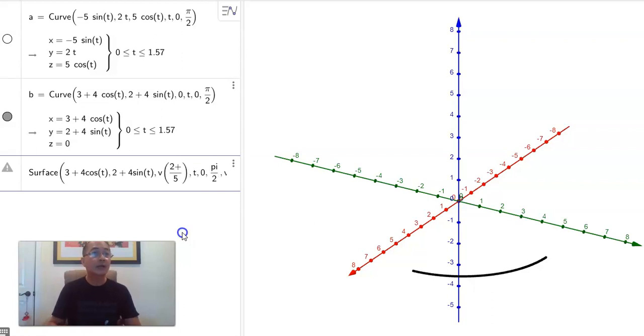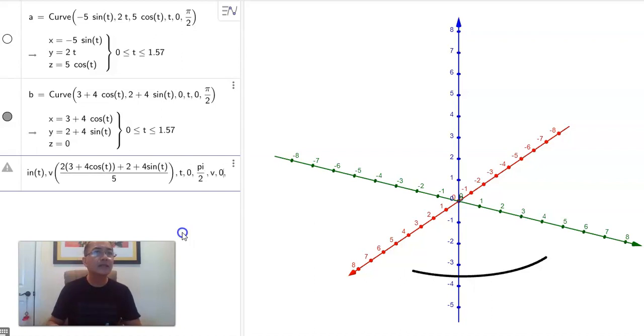Okay, so our x is 3 plus 4 cosine t. I saw what happened. And we will have 2x plus y. So plus y is 2 plus 4 sine of t.